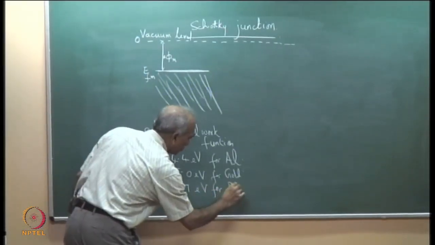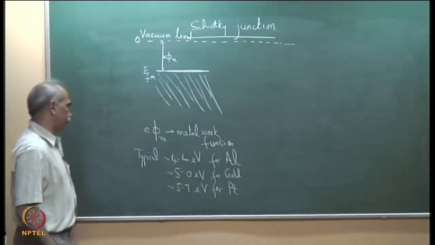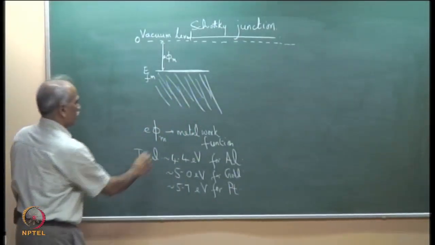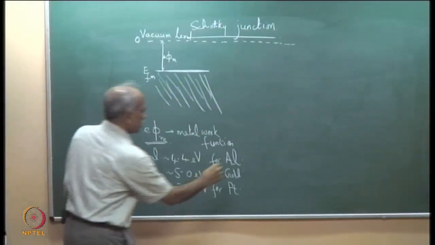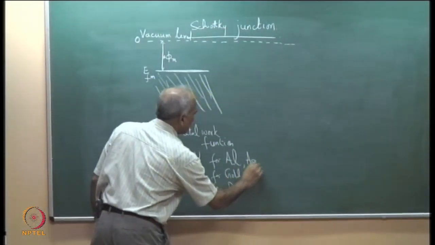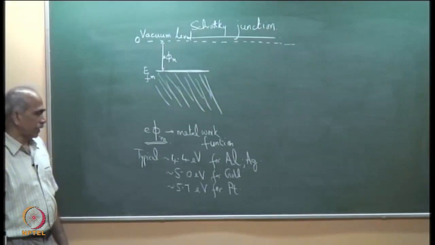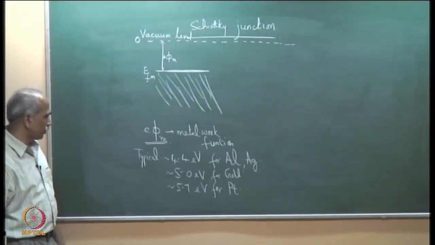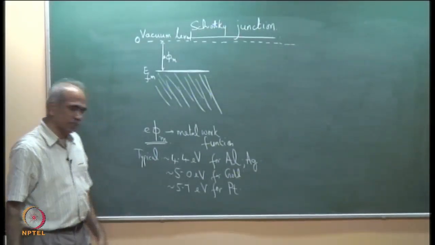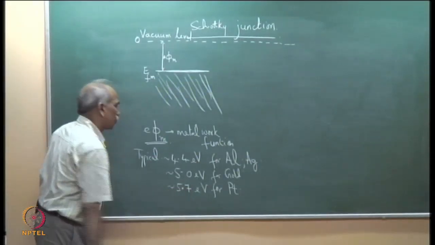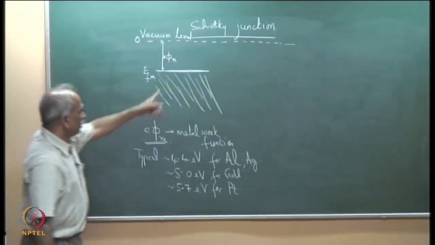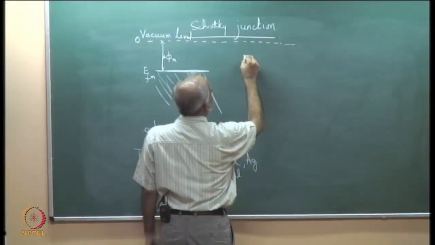So aluminum and silver are approximately 4.4, gold 5 eV, and platinum 5.7 eV. Now let me draw a semiconductor here.